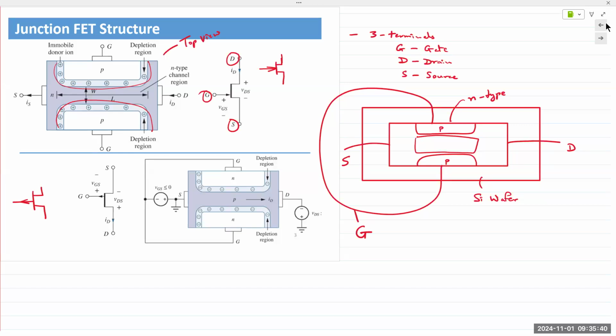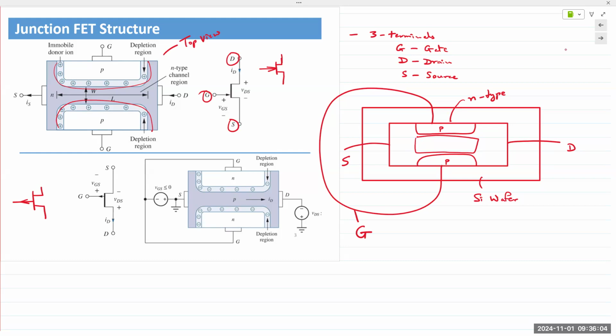For a P-type JFET, we would have a lot of holes available. Now when we implant dopant impurities in semiconductors, depending on the dopant, it creates resistance in that material. The material has some resistivity. That resistivity has now changed because of the implants.